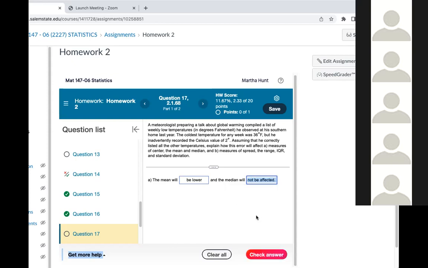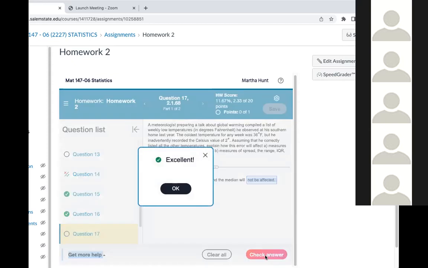Median just cuts the data in half. It doesn't care what's happening to the left or to the right of it. Okay, so we are going to check our answer. Okay, so far so good. Okay, I'm going to move this again.